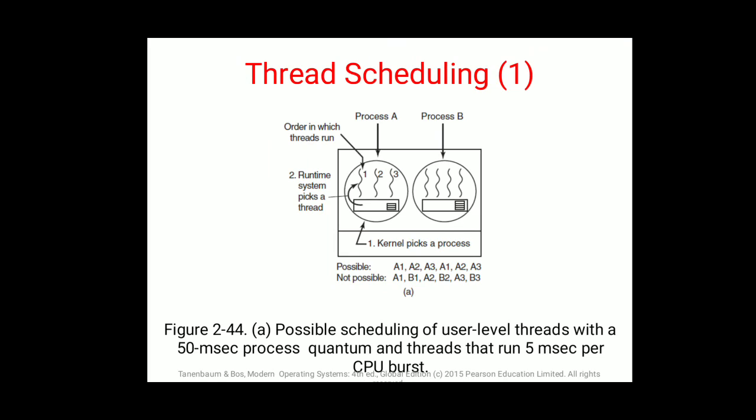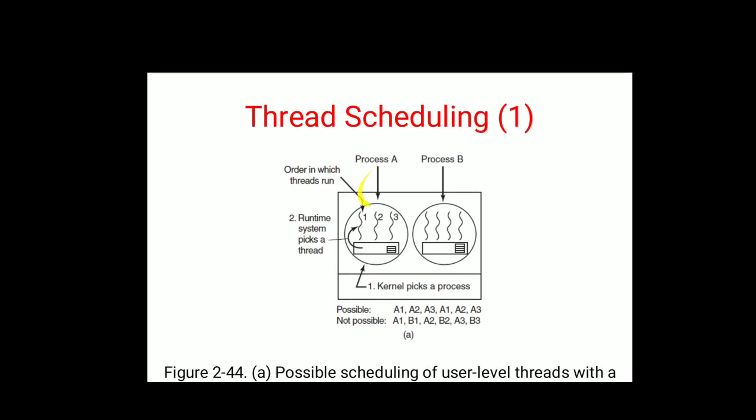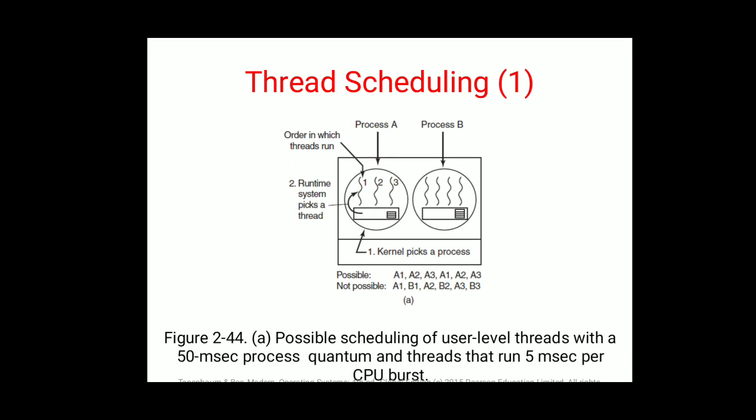So when we set two criteria, the order in which threads are going to run is 1, 2, 3, and so on, and the runtime system picks a thread.